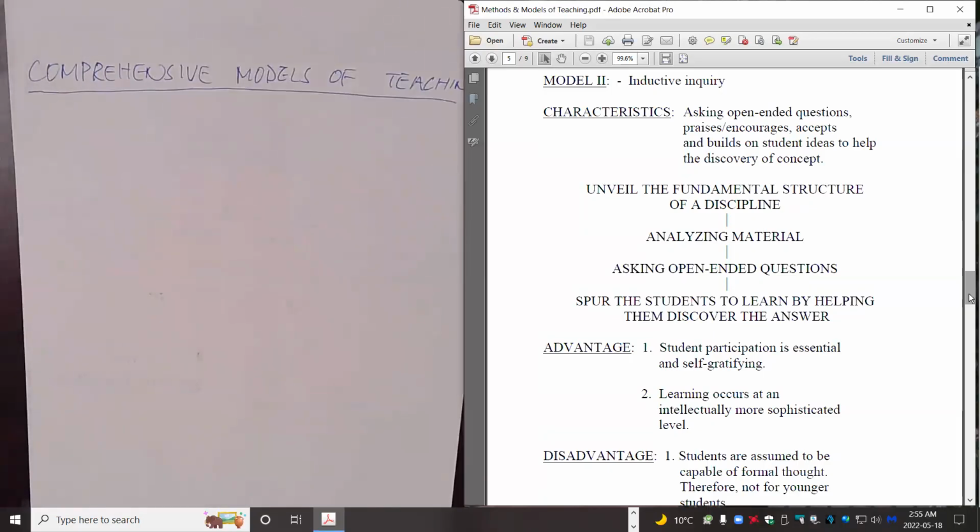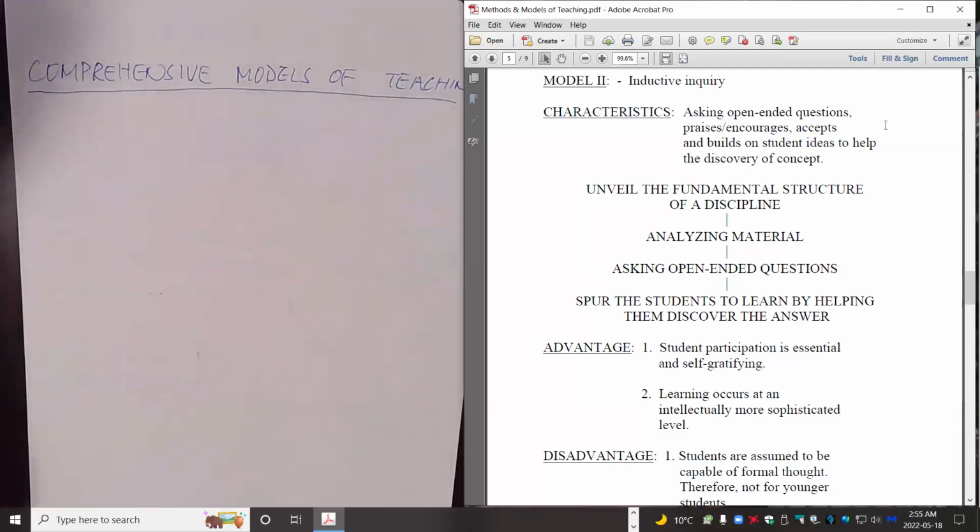All right, so the characteristics here are asking open-ended questions plus praising or encouraging and accepting and building on students' ideas to help the student discover the concept.